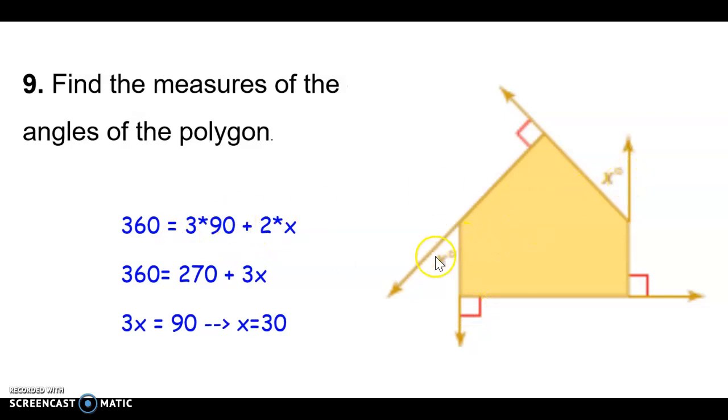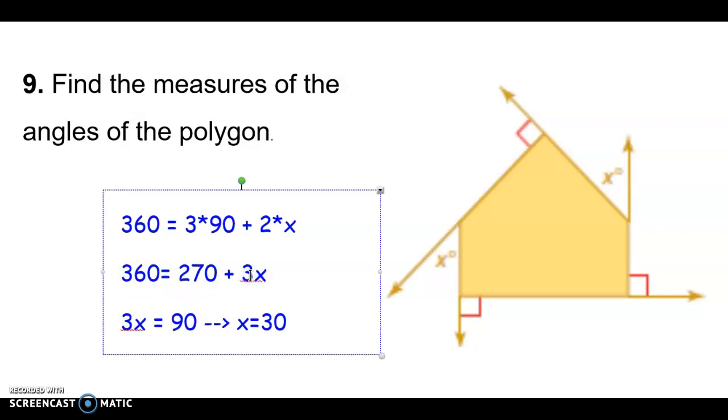And there's an x and an x, so there's 2 x's. So then I can solve it. 360 equals 270 plus 2x. So 2x equals 90 and x equals 45. I don't know how I made those mistakes when I was typing it up earlier, but there you go.